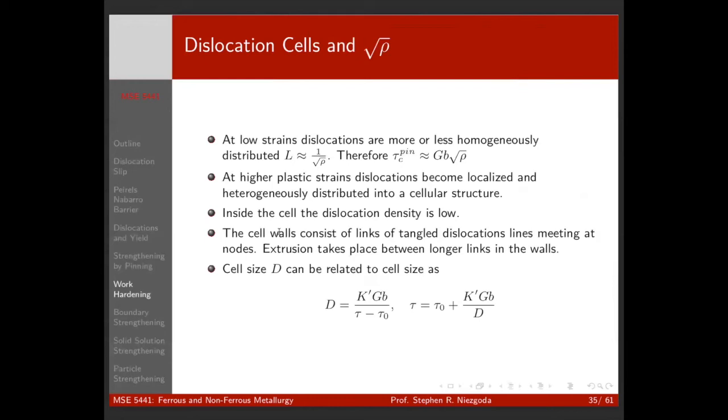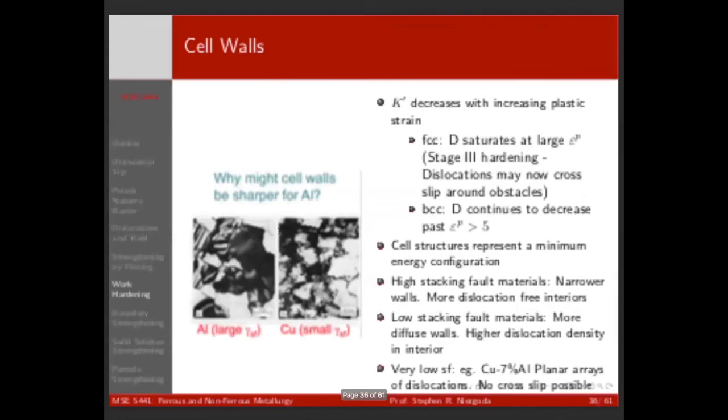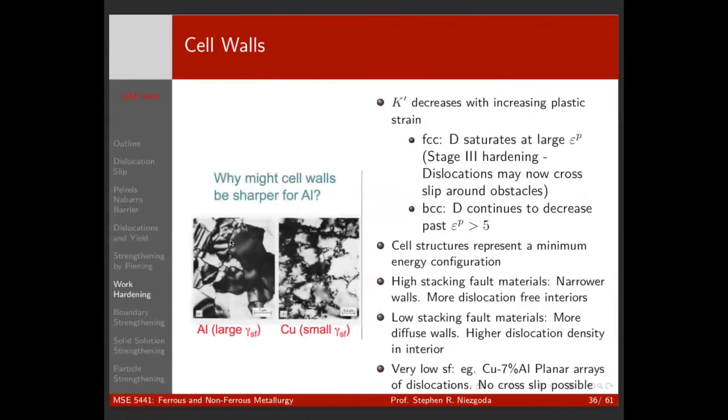They essentially make a cell structure where you have these walls of very heavily entangled dislocations, and inside are relatively dislocation free. So here's copper. We see these walls, and in aluminum, we see these cell walls where all the dislocations are packed together, and inside we don't see any.